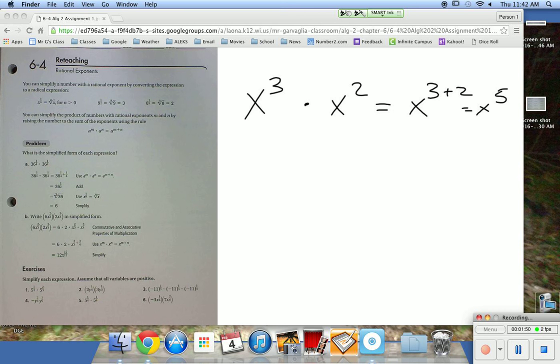So with x to the 3/2 times x to the 1/2, we add those fractions: 3/2 plus 1/2 is 4/2, or x squared. Do you see how we get that?